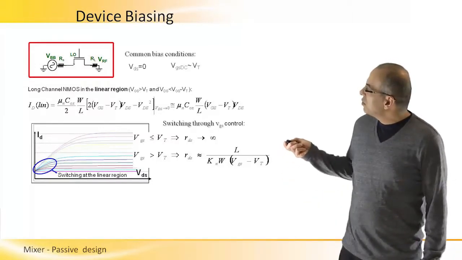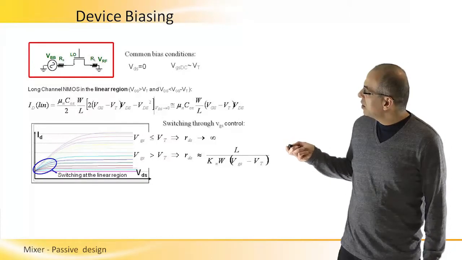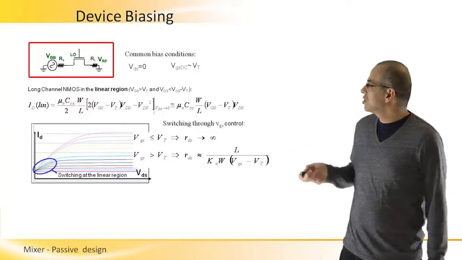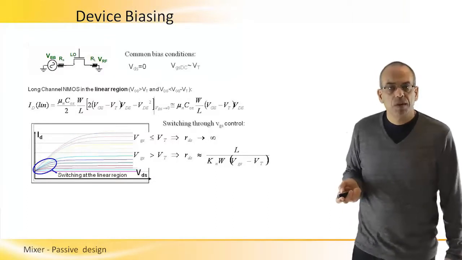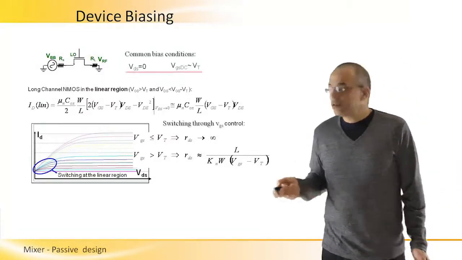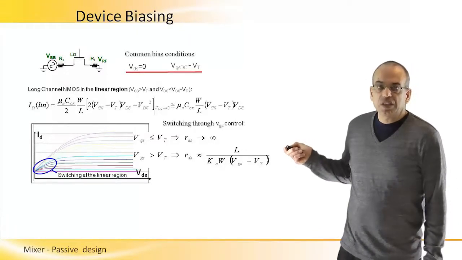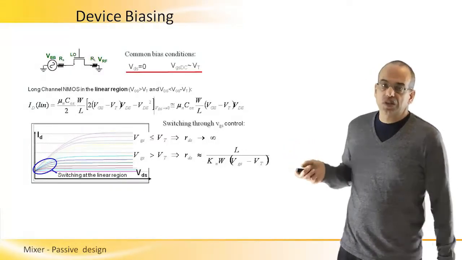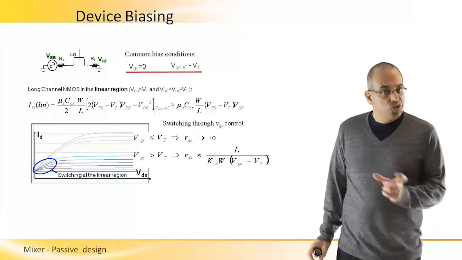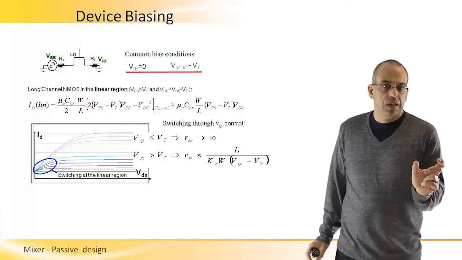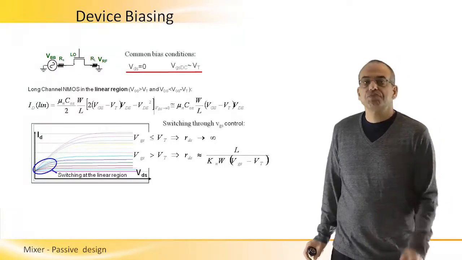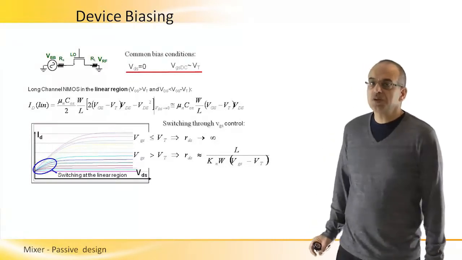Basically we are turning the gate voltage high and low with as close as possible to a square wave. The biasing condition of this transistor will be such that VDS, the drain-source voltage, is 0, so there's no DC current flowing between the input and output.